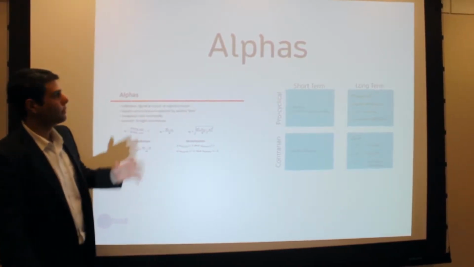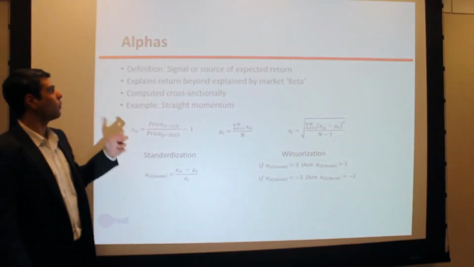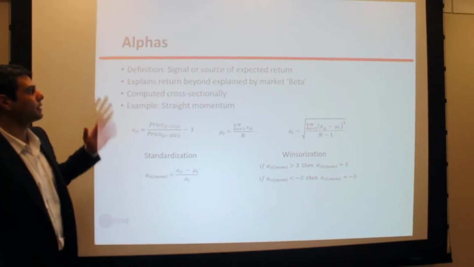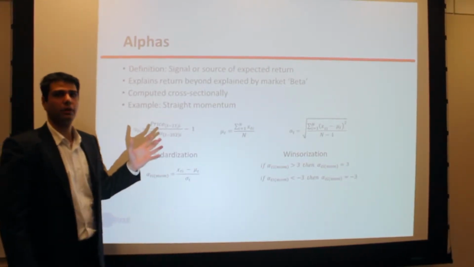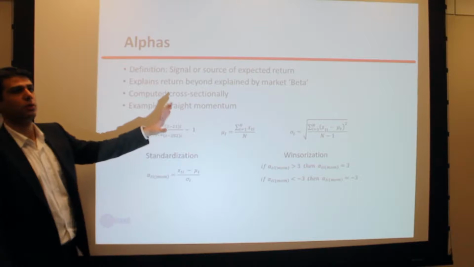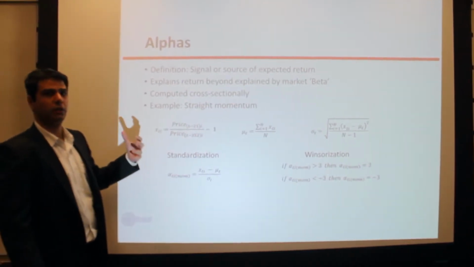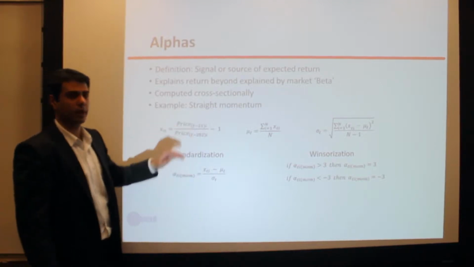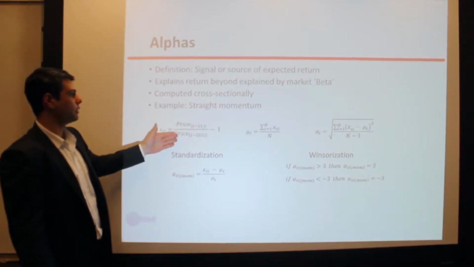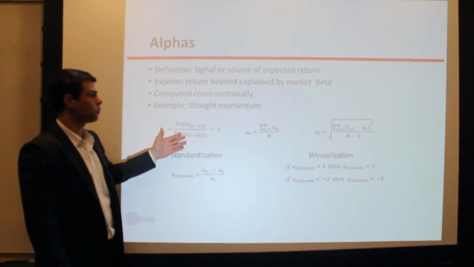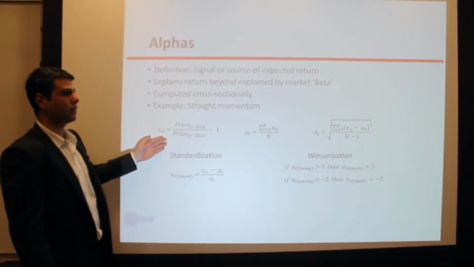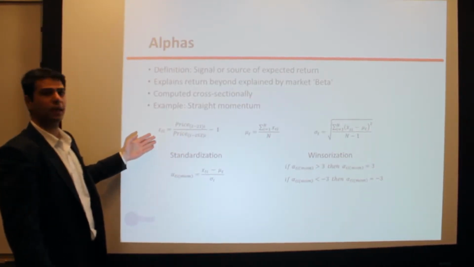Regarding the alphas, before we start, I want to make sure, what is an alpha to us? An alpha is a signal or source of expected return which is beyond what is explained by the market, or the market beta. What we do is we first take the raw signal, say, for example, straight momentum. We take the raw signal, which is the 12 minus 1 returns for any stock i at a given time t.